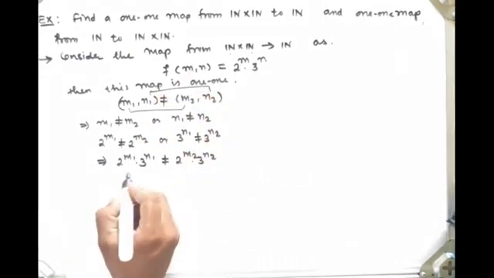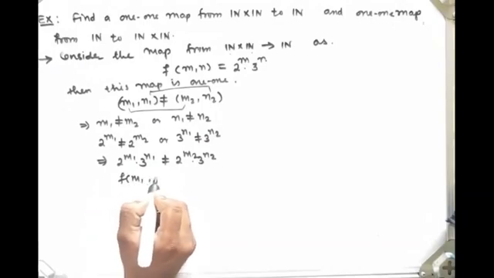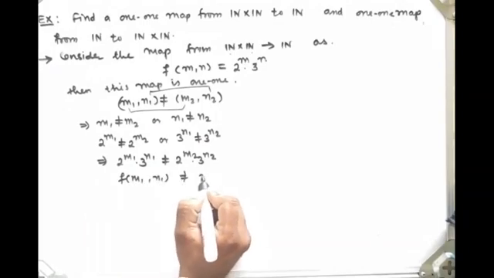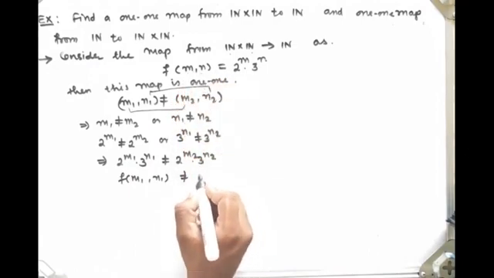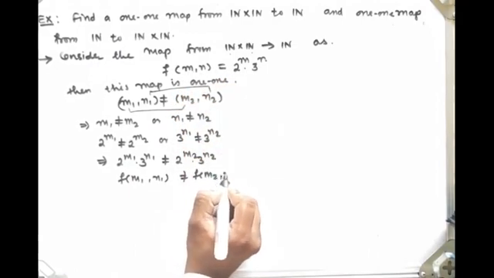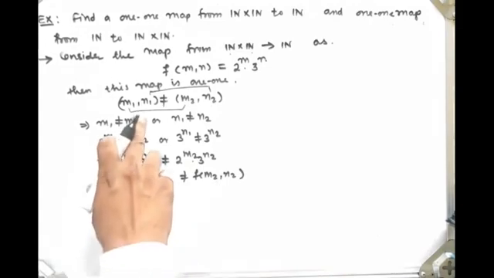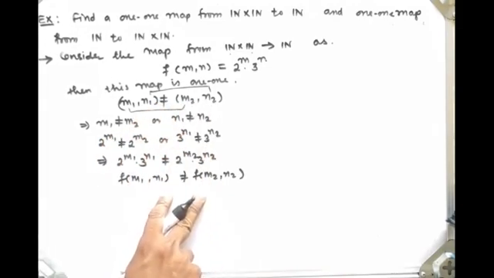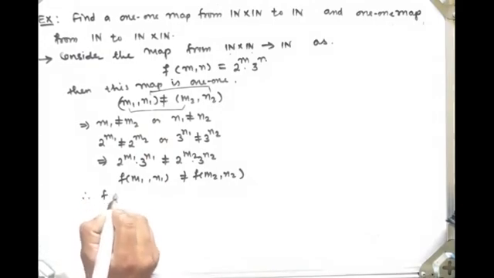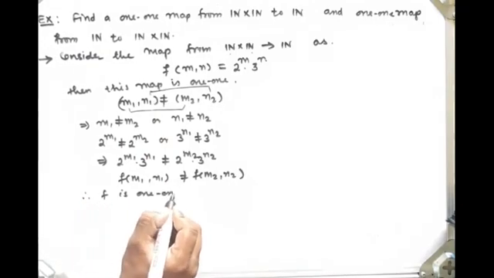This is the function f of (m1, n1), which is not equal to f of (m2, n2). So here the two values are not equal, therefore the function values are not equal. Then we say that therefore f is 1-1.